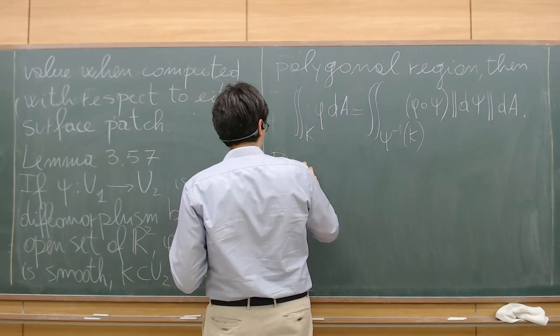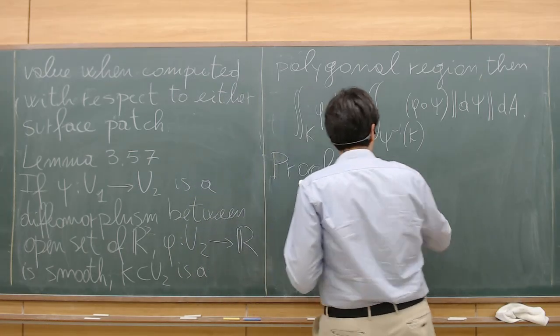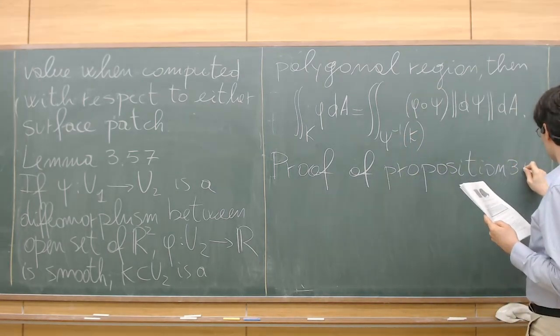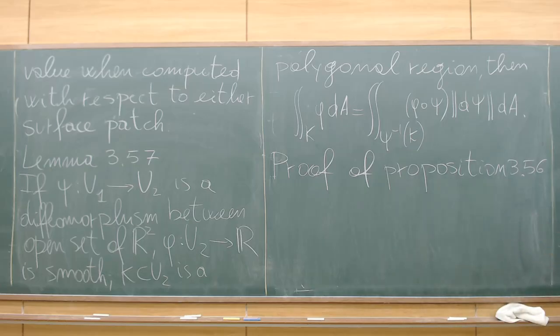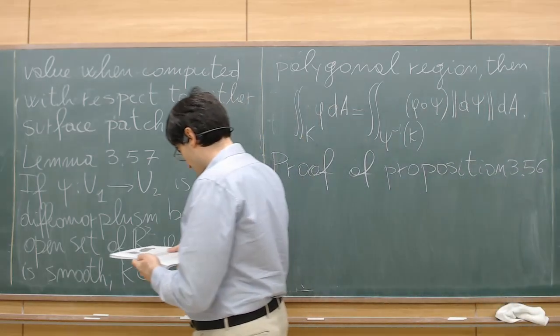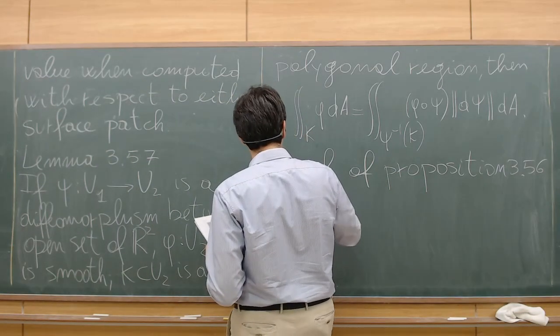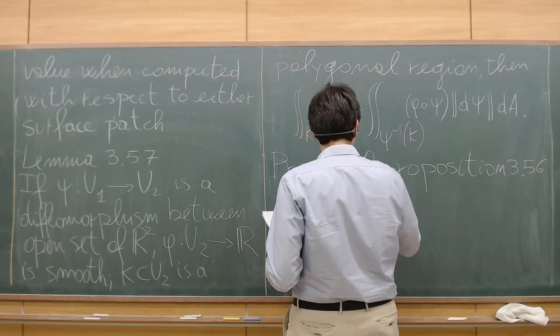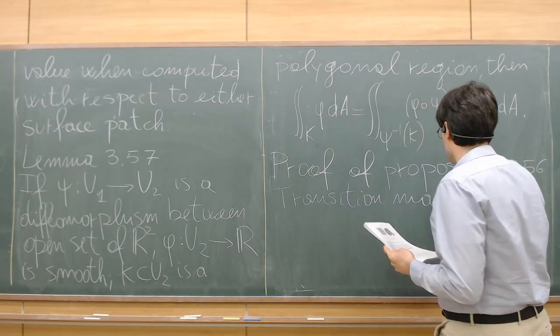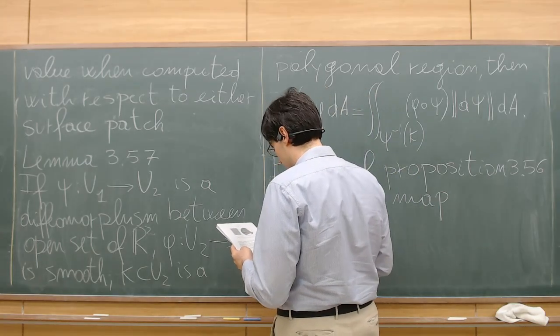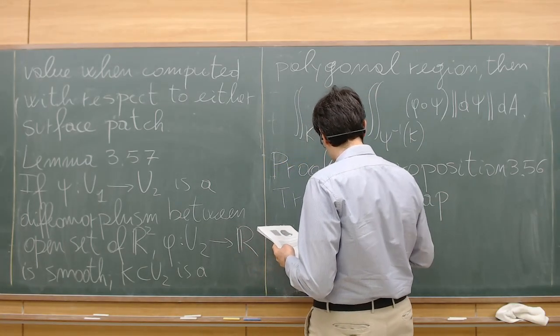Now let's prove the proposition 3.56. The idea of the proof is that I consider an auxiliary function known as a transition map, psi, defined as sigma 2 inverse composed with sigma 1.